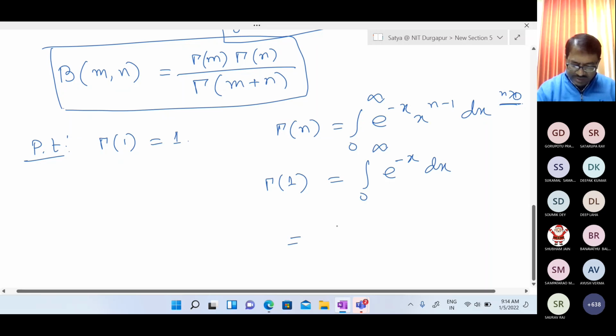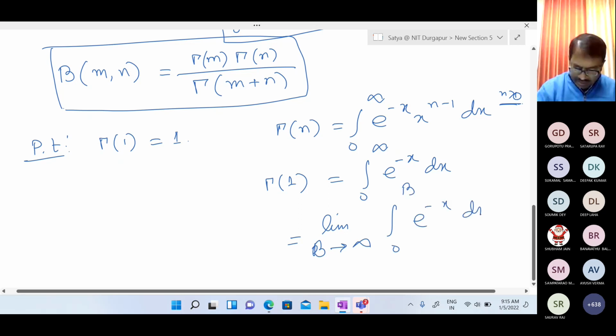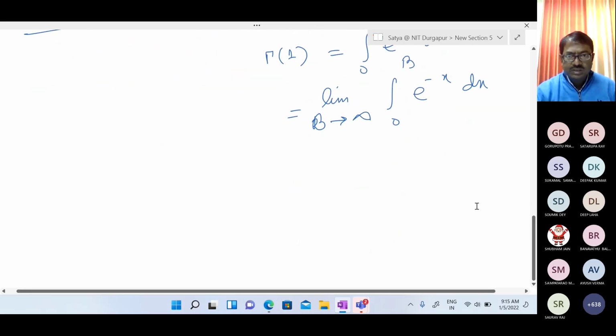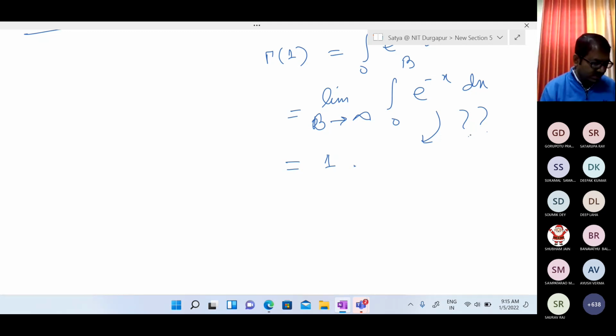Since this is an improper integral, we take the limit as v tends to infinity of the integration over 0 to v of e to the power minus x dx. If you integrate this and take the limit, you will get 1. You can prove it; I am omitting this step, so try to do it yourself. This is property number C according to your assignment.